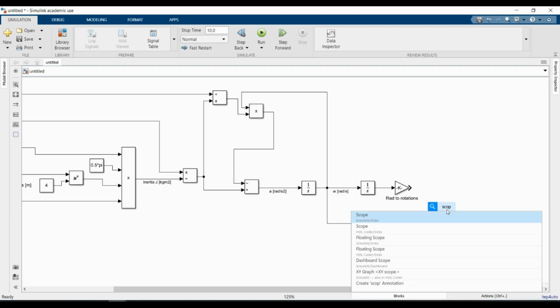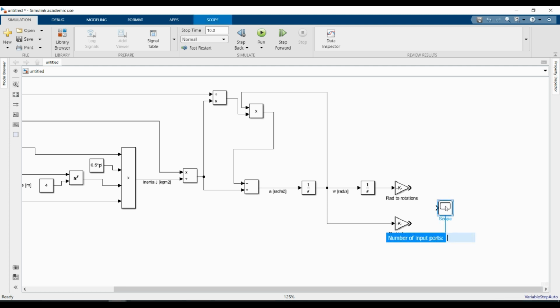At the end, we place a scope block with 3 input values to view the results in a time graph after running the simulation.